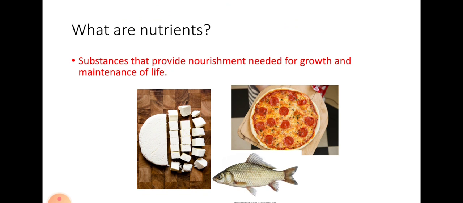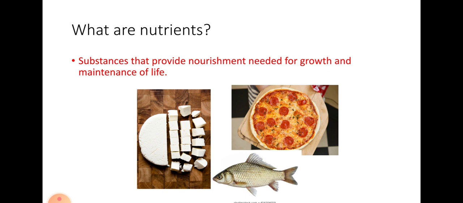So foods contain carbohydrates, fats, proteins, vitamins. These are all called nutrients. Plants also need nutrients. Plants can't live without light, water, and soil, and through roots they absorb minerals from the soil, which are essential for growth.